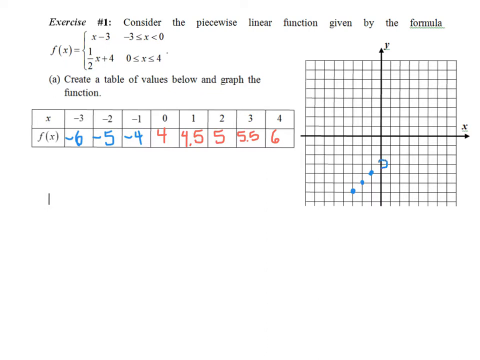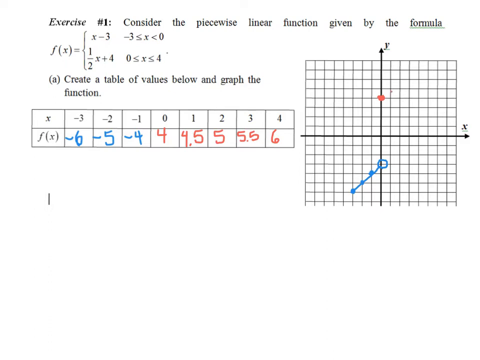Instead, I'm going to put an open circle at 0, negative 3, showing that I would have gone all the way up to that point but not include that point. Actually, I made a mistake there. I want to erase everything that comes before negative 3 because that's not part of the domain of any of the sets. Now, at 0, I do want a function value of 4, so I'm putting a filled in circle there.